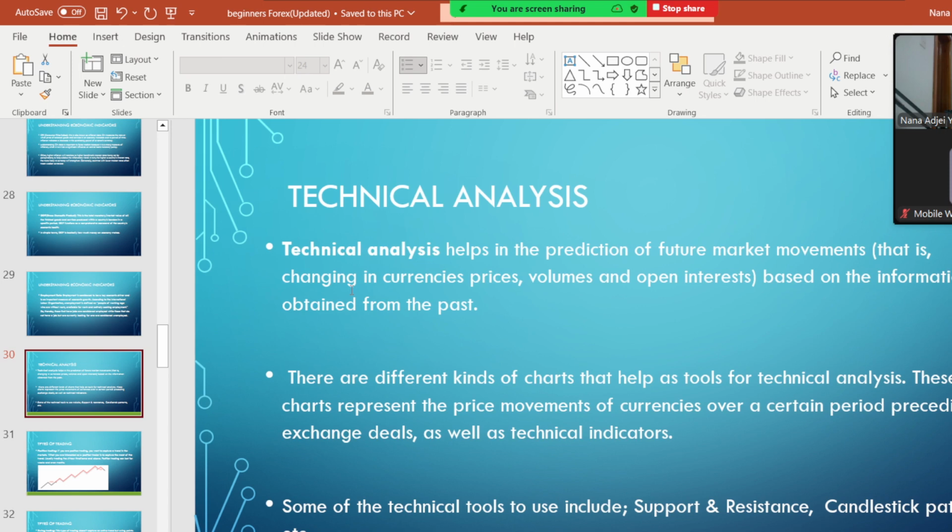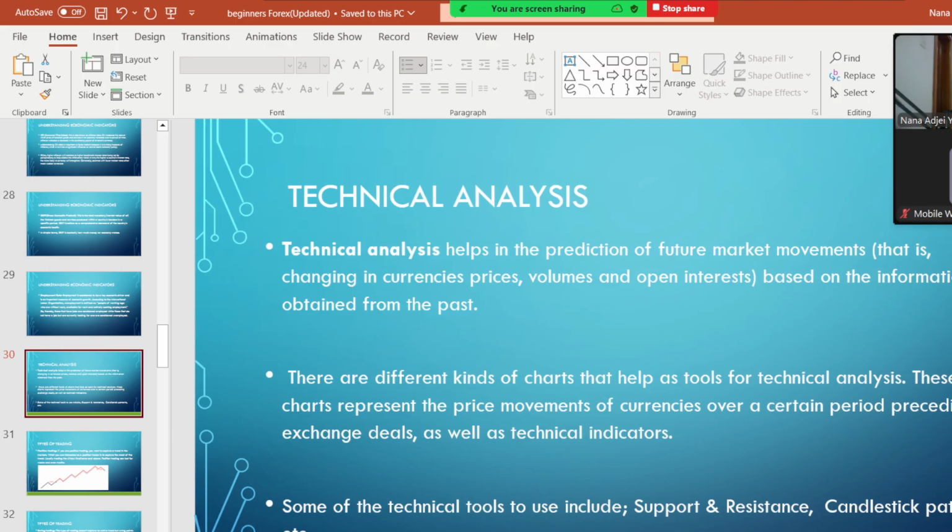So the whole idea is that the fundamental data comes to complement your technical analysis. Once you have your analysis done technically, using the technical tools that we are going to talk about, the fundamental will just come in and increase the volatility of the technical analysis that has been done.